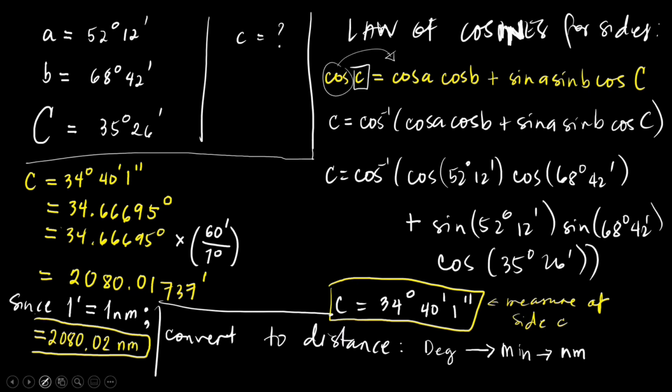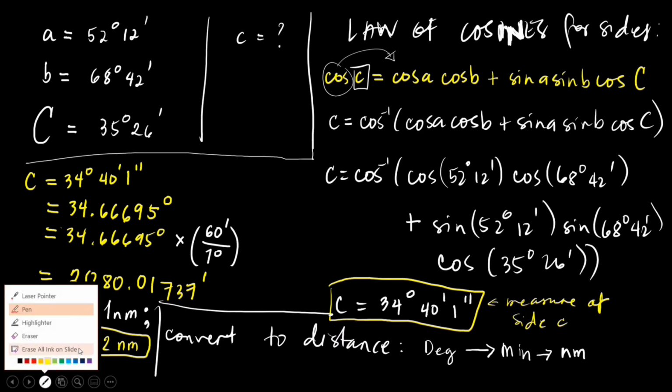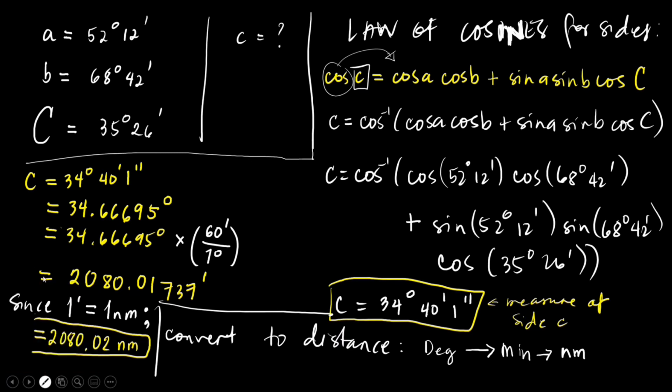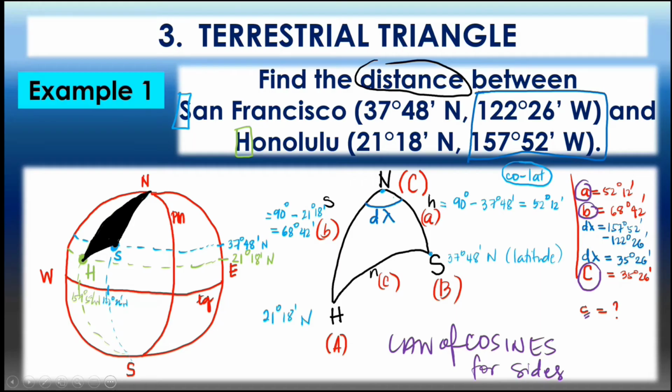If we would like to answer the question, we can say that the distance between San Francisco and Honolulu is 2080 nautical miles. Based on our answer, this means that the small c is 2080 nautical miles. So in answering the question, that is actually the distance. Okay, next.